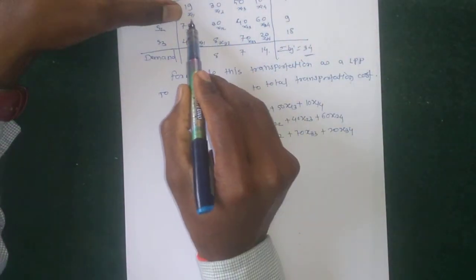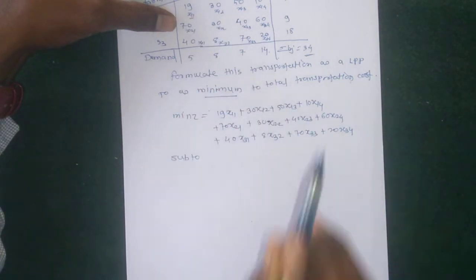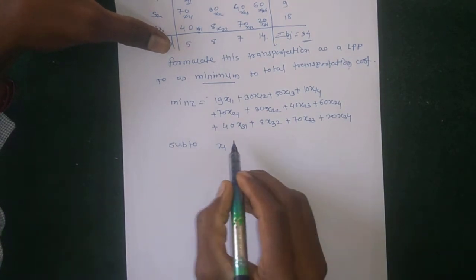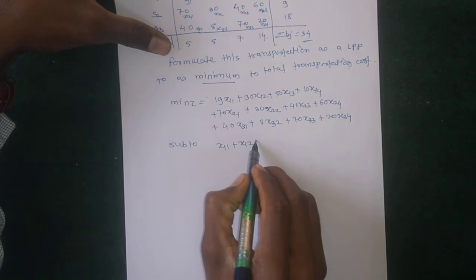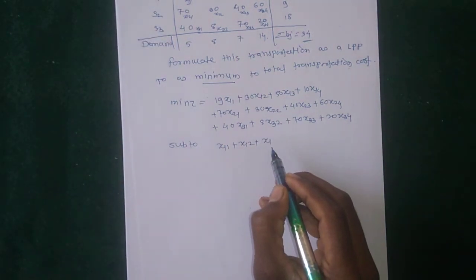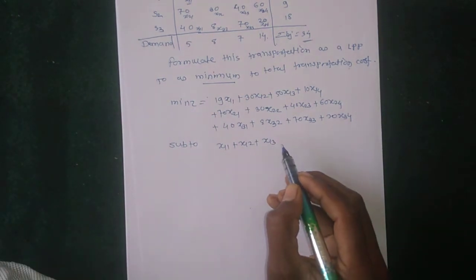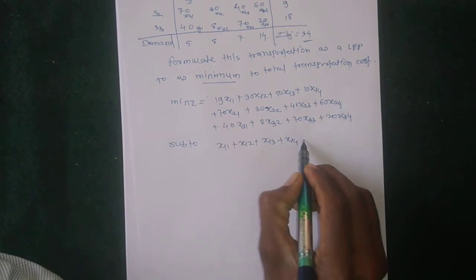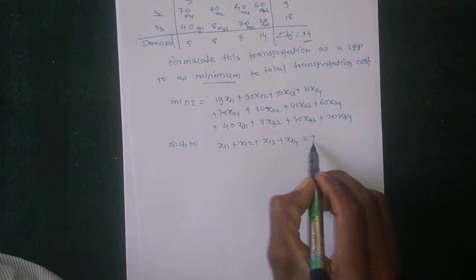For the constraints, the coefficient of variables is only 1. So the constraints are x11 plus x12 plus x13 plus x14 is equal to the supply 7.